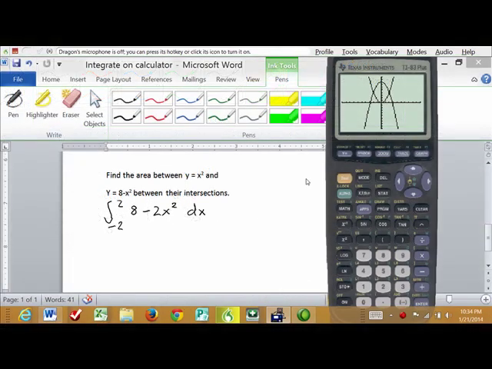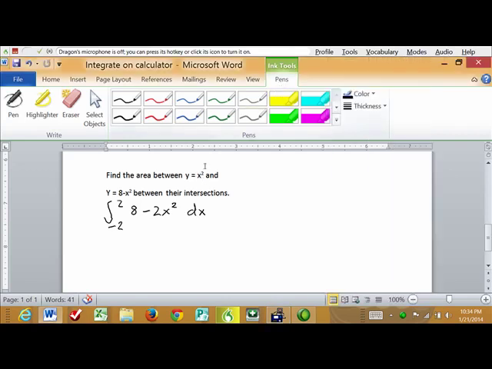Okay, so we said we want to find the area between 8 minus x squared and x squared between negative 2 and 2, and that's the integral from negative 2 to 2 of 8 minus 2x squared dx, because you take the top, which is 8 minus x squared, minus the bottom, which is x squared, and integrate in between the two of them.